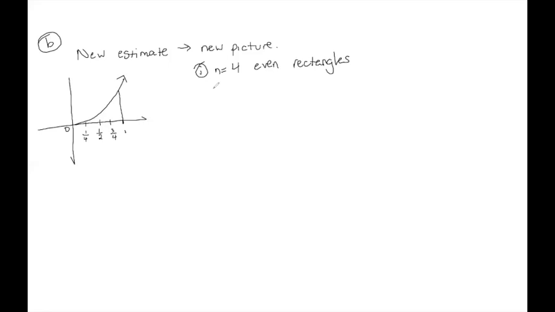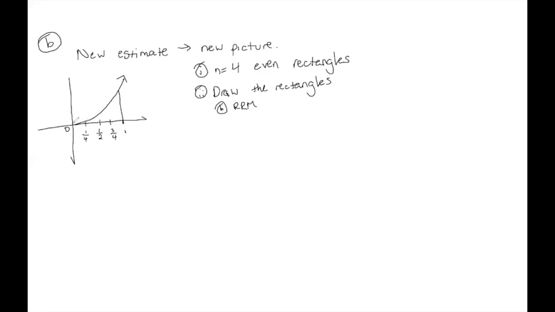I'm going to have 4 of them. Step 2 was to draw the rectangles. Now, because we're doing B, the right rectangle method, I start at the right end of every rectangle. Remember, I have a rectangle between 0 and 1/4, 1/4 and 1/2, 1/2 and 3/4, and 3/4 and 1.